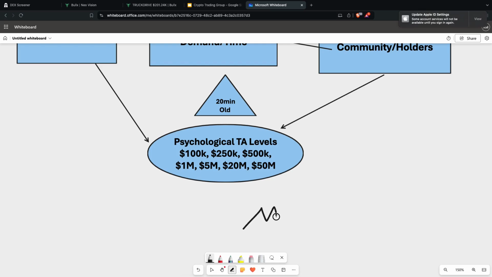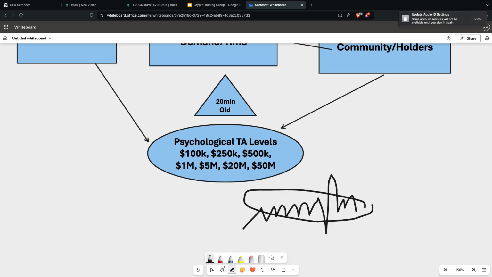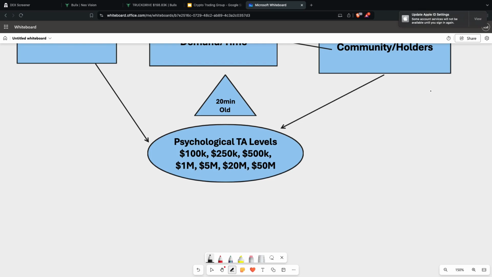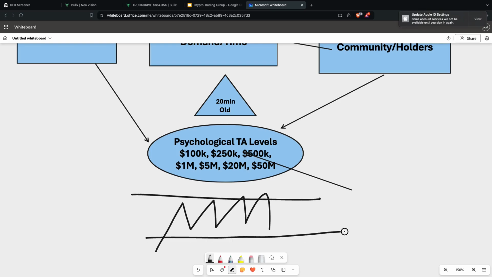If it goes to 100k, stabilizes and produces this type of pattern, maybe it goes up, comes back down, stabilizes like this on 100,000 US dollars, there's a high likelihood that it's going to push up towards the upside. On each psychological level, if you see this bullish flag pattern forming, then best believe there's a high chance that it is going to break out towards the upside.